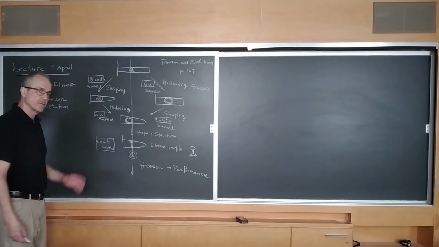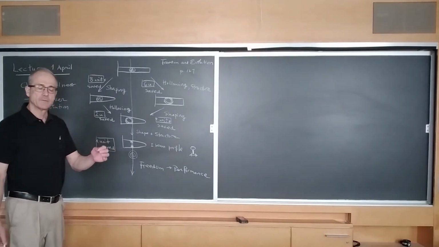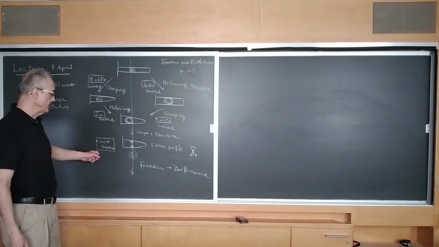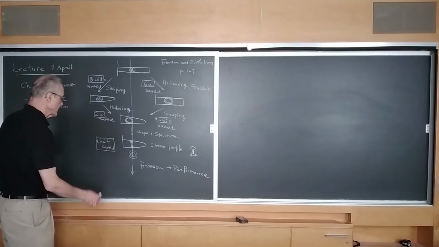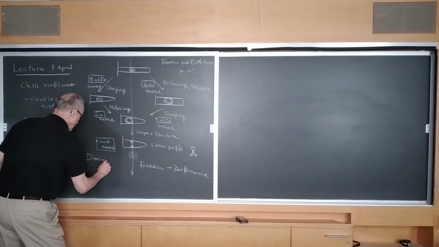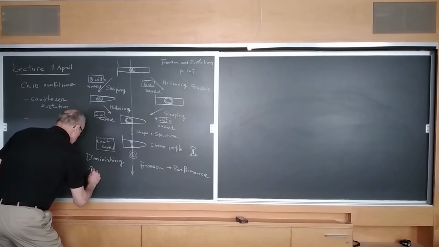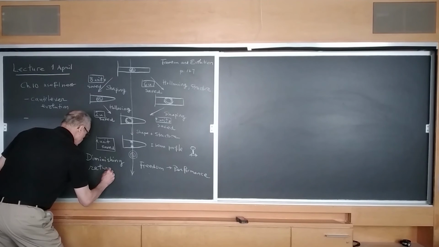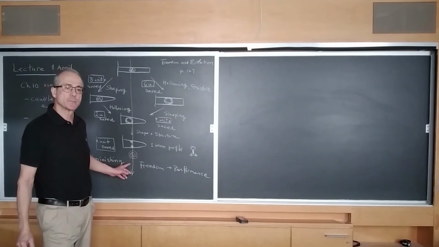We have from physics, the physics of evolutionary design, the emergence of this physical phenomenon of diminishing returns. And the returns are becoming smaller and smaller.